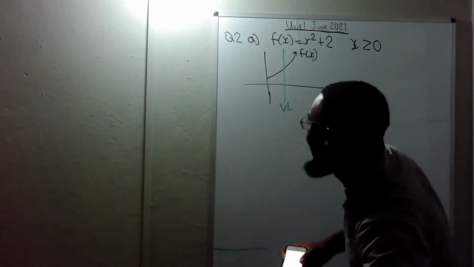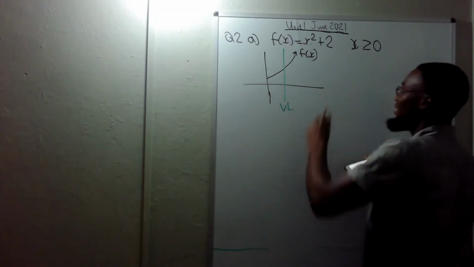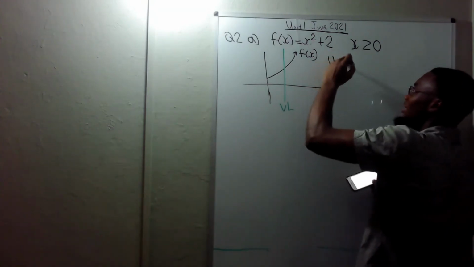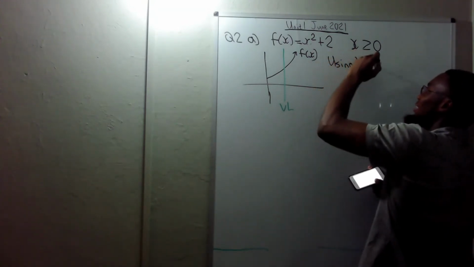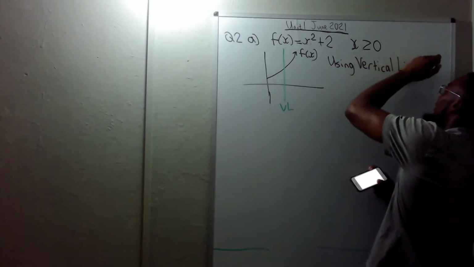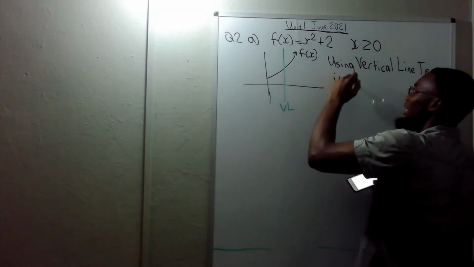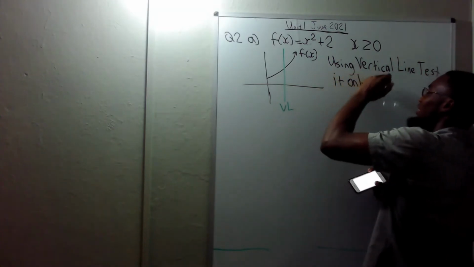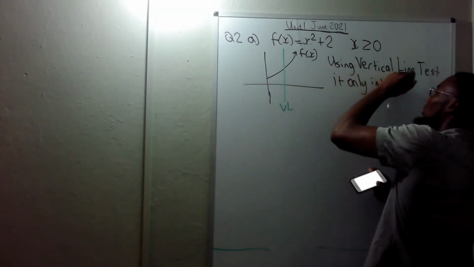The vertical line, so you can tell them this, using the vertical line test, it only intersects the function at one point.